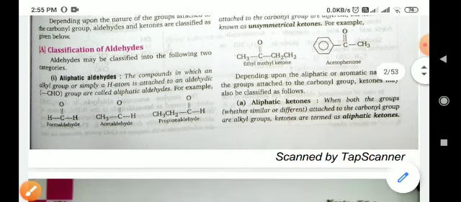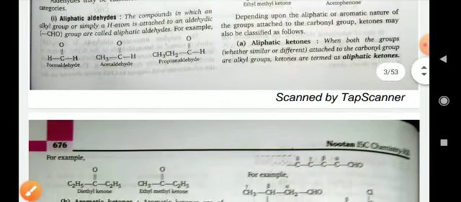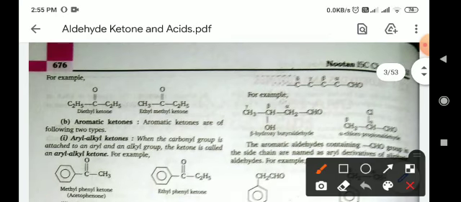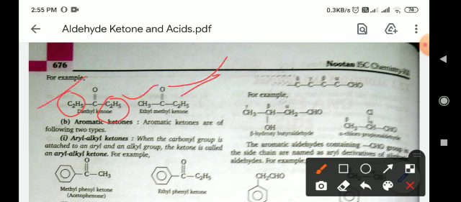Okay, now ketones are further divided into aliphatic ketones, meaning when the carbonyl group is attached with two alkyl groups, which are made up of hydrocarbon chains, then they are known as aliphatic. Symmetrical and unsymmetrical both.